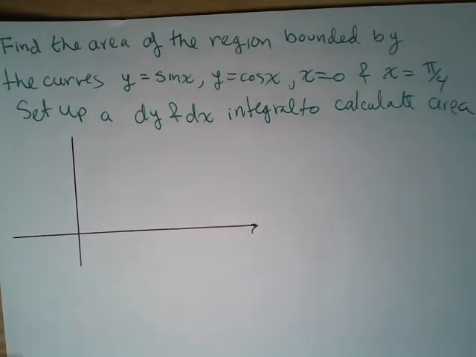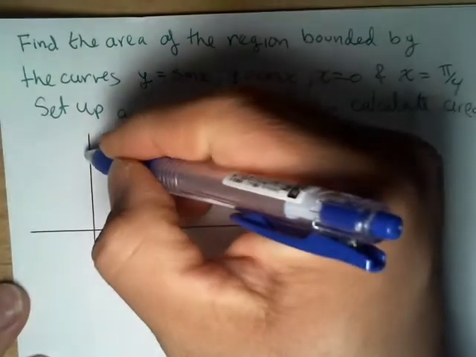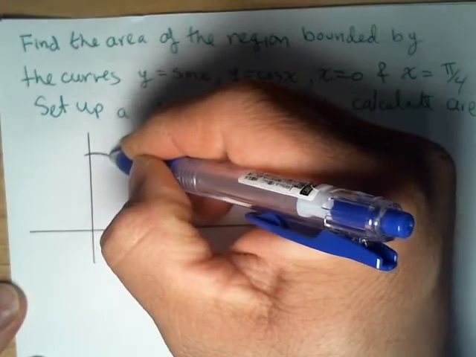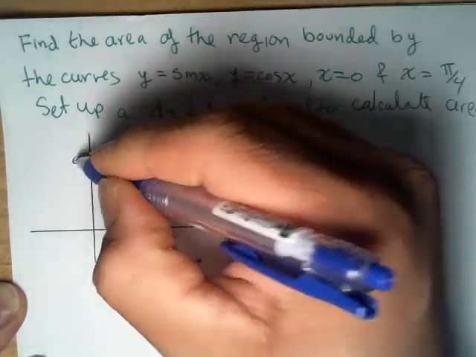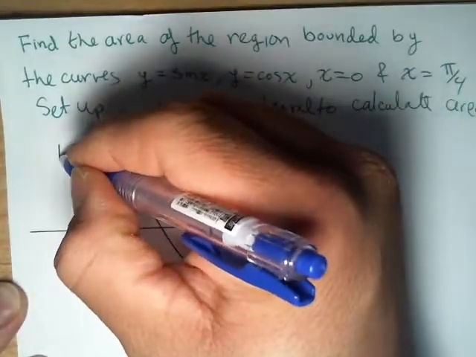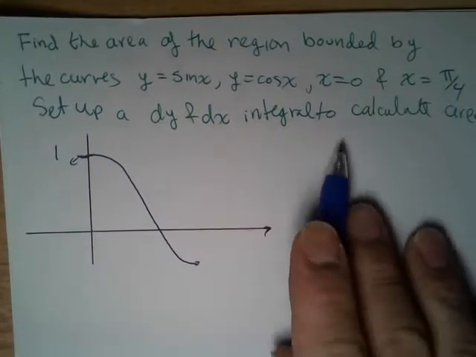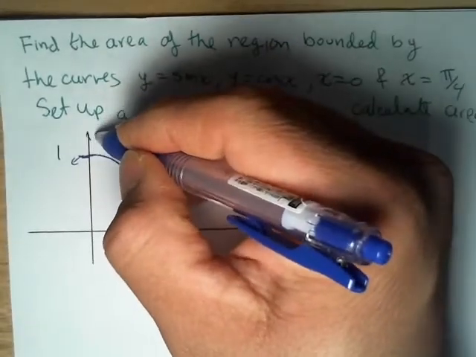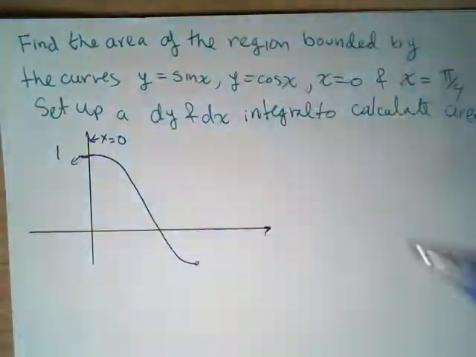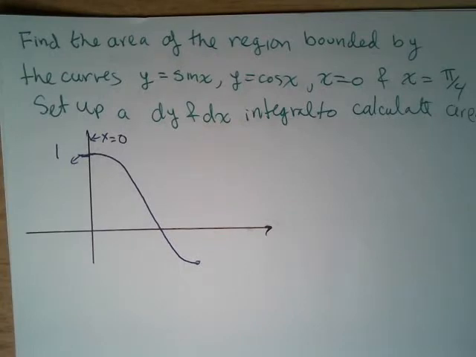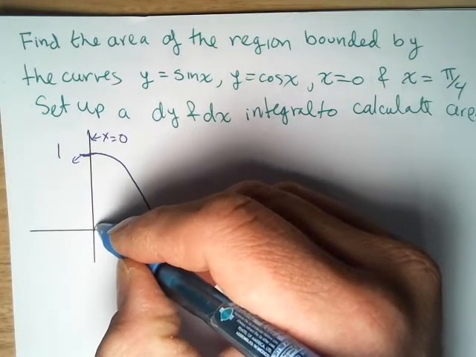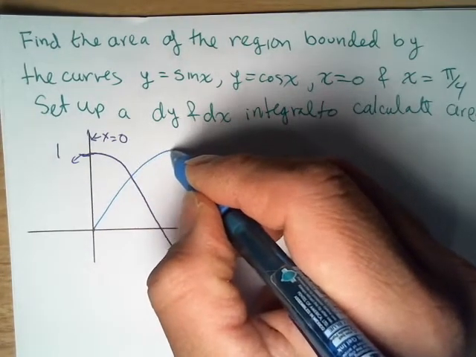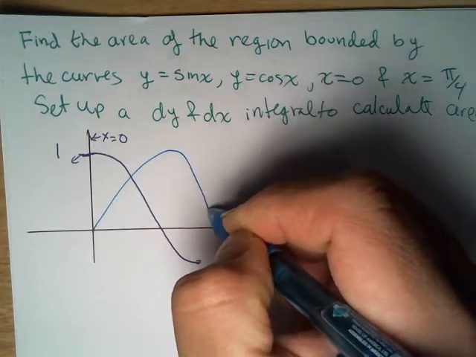Okay, so we'll graph y equals cosine of x. That looks something like this. Here we have 1. And the line x equals 0 is our y-axis, so this is x equals 0. The next graph we'll graph is sine of x. Sine of x starts right here, at 0, and goes something like that.